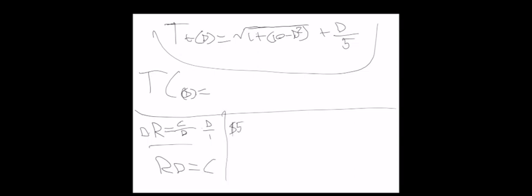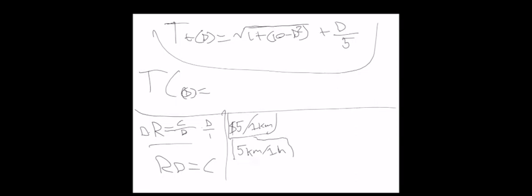The truck costs $5 per kilometer and also travels 5 kilometers every hour. Now to combine this, we see that it costs $5 every kilometer and it travels 5 kilometers per hour. So if we divide both sides by 5, then it travels 1 kilometer every 12 minutes, because a fifth of an hour is 12 minutes.